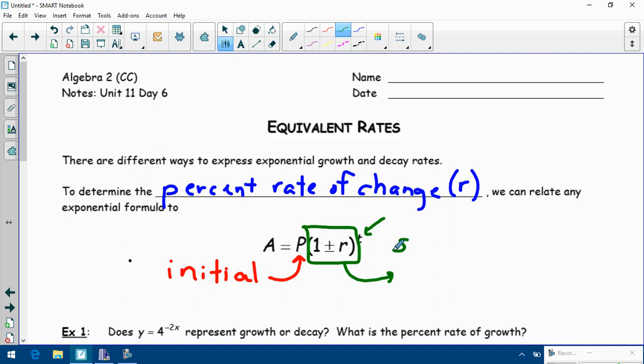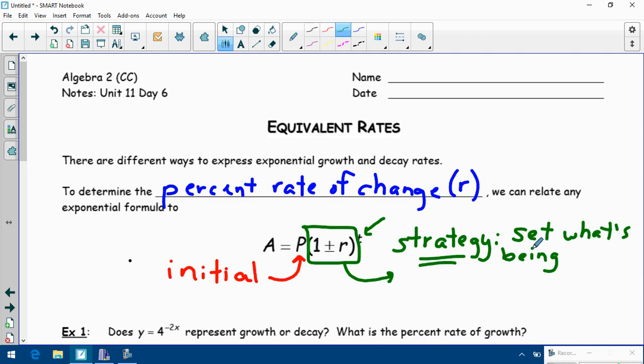So the strategy we're going to use is set what's being raised to the exponent equal to 1 plus or minus r. Then solve for r.